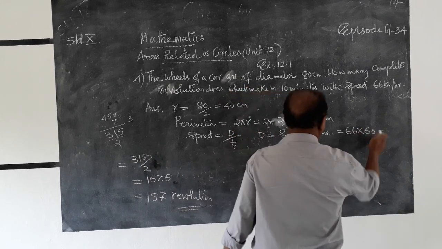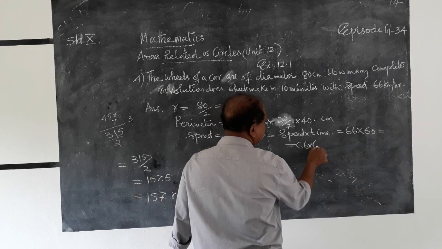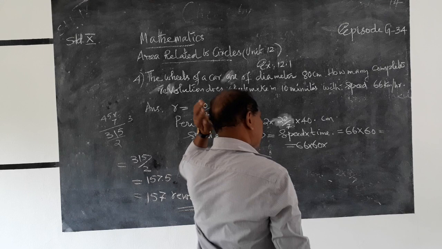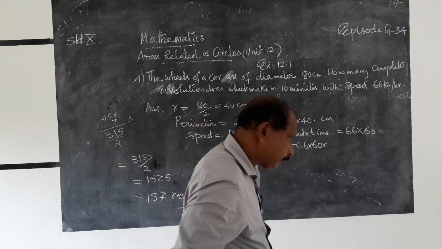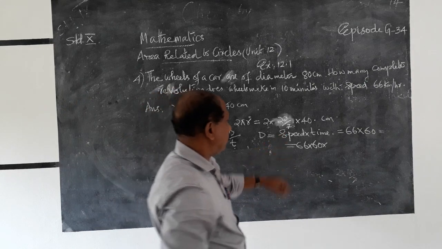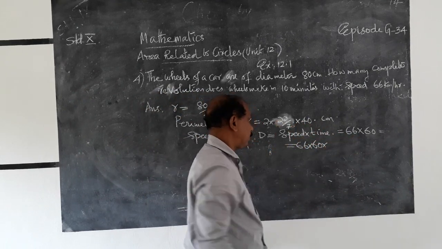Speed is 66 kilometer per hour. That is equal to 66 into 60 into how many? Sorry, there is a mistake for that one. This one is centimeter, this one is kilometer.